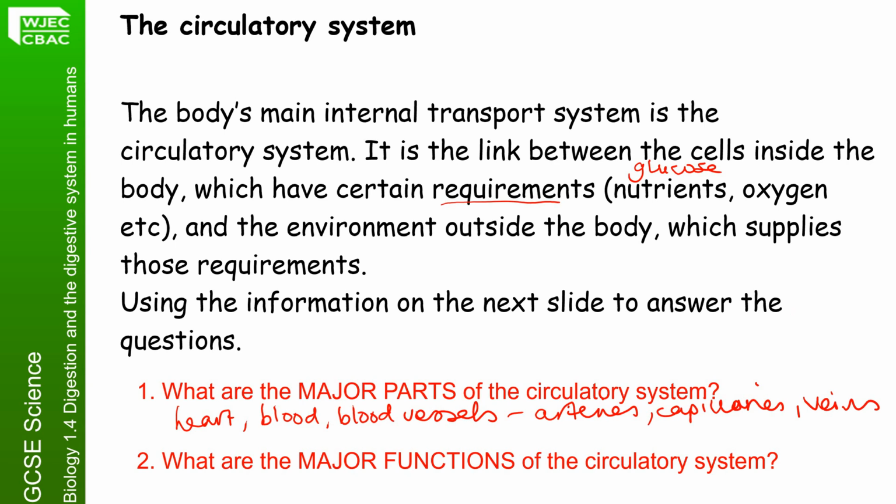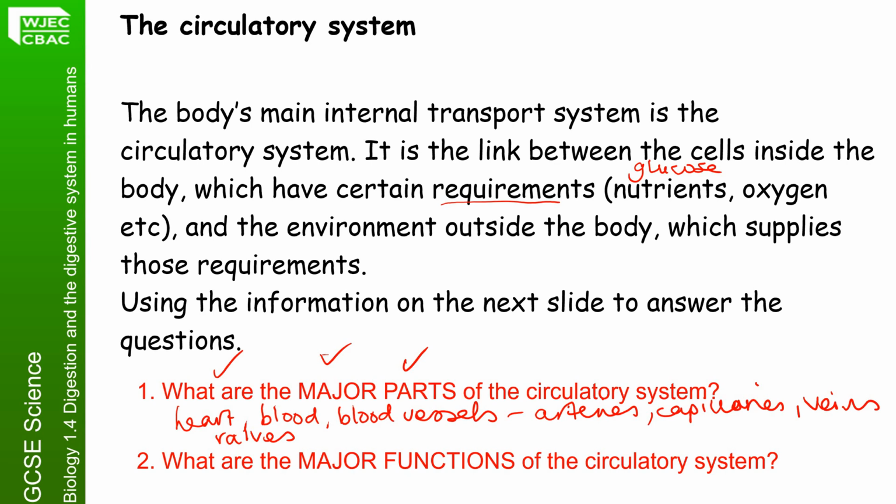And you might also have given me a bit more information and told me that there are valves. Okay, so the definite 3 are heart, blood, and blood vessels, and if you can name the blood vessels and you can identify that there are valves both in the heart and in the veins, well done.